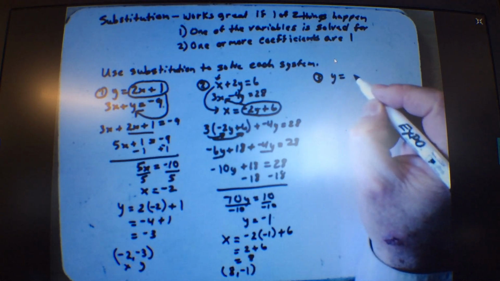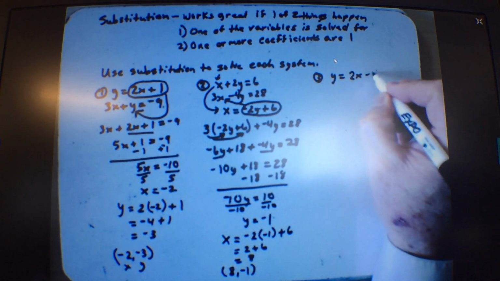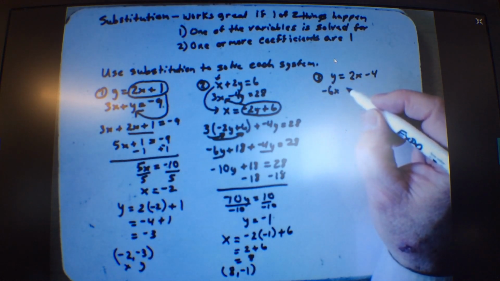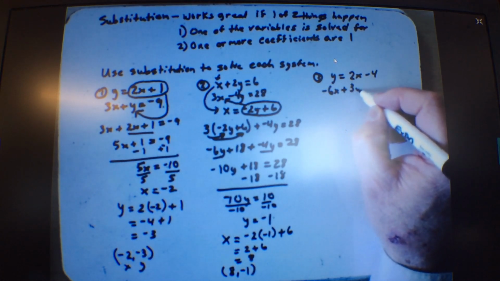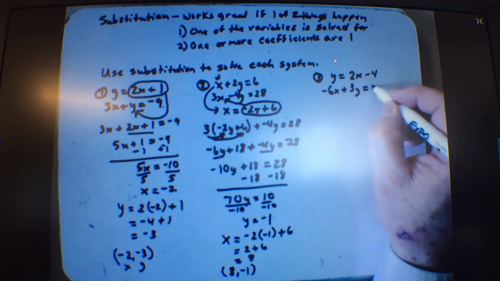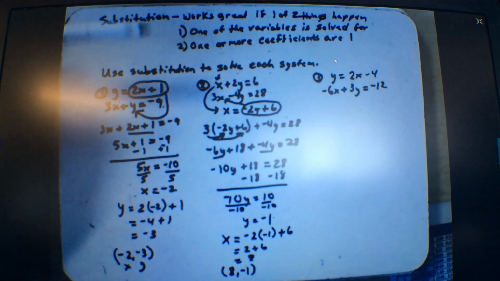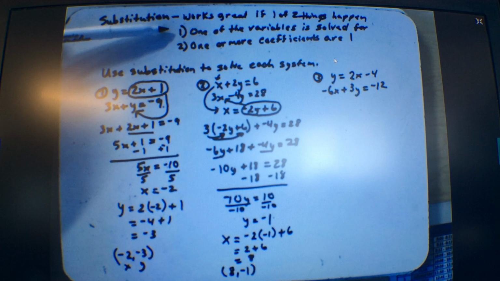y equals 2x minus 4 and a negative 6x plus 3y equals a negative 12. Is number 1 true or number 2? Number 1 is true.